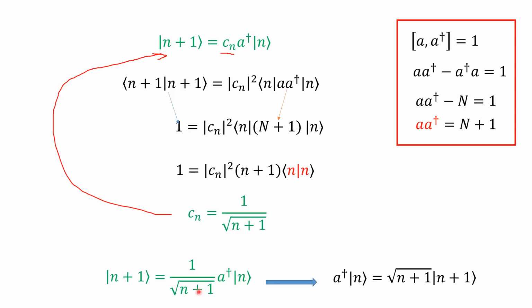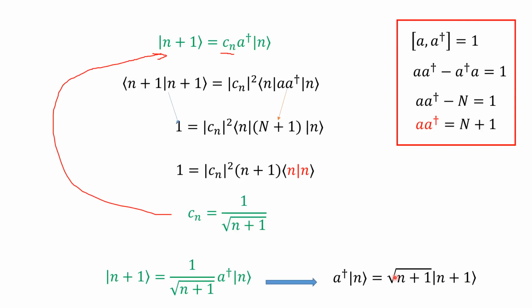So if you bring this square root of n plus 1 to the left hand side, you will get A dagger n is equal to square root of n plus 1 multiplied with the ket vector n plus 1, because here it is n plus 1.